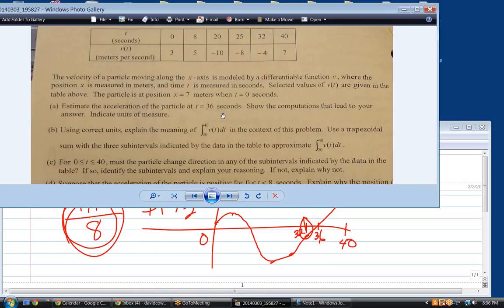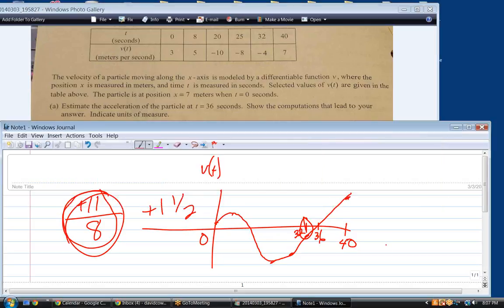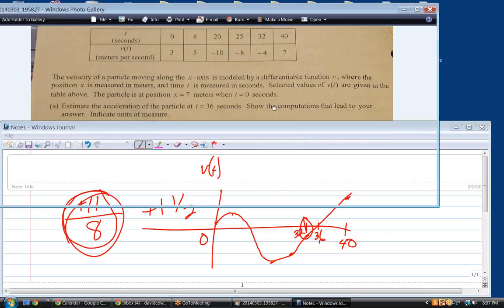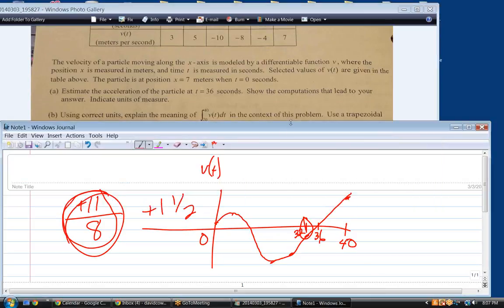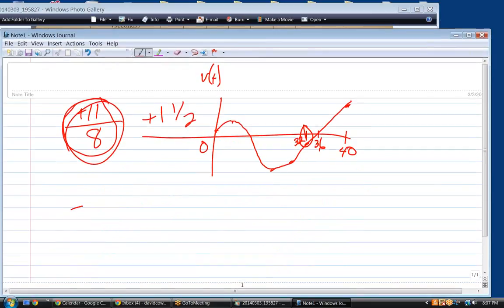Okay. Indicate units of measure. Well, what would the units of measure be? It'd be meters per second per second. That's what acceleration's always going to be in. In other words, if you think about the three functions we're talking about, which is the position function, the velocity function, and the acceleration function.